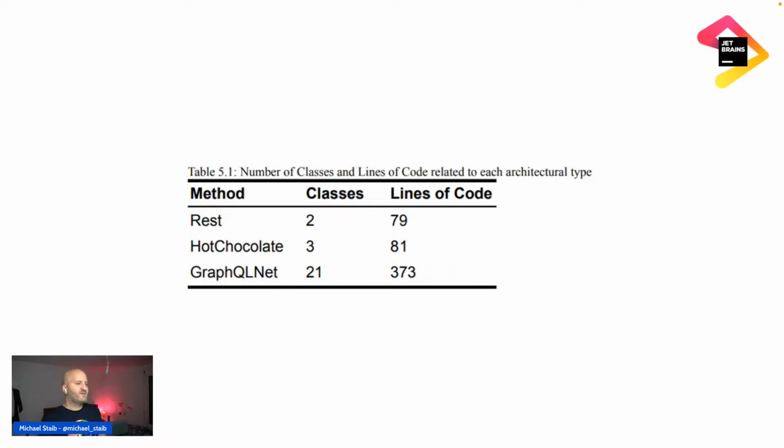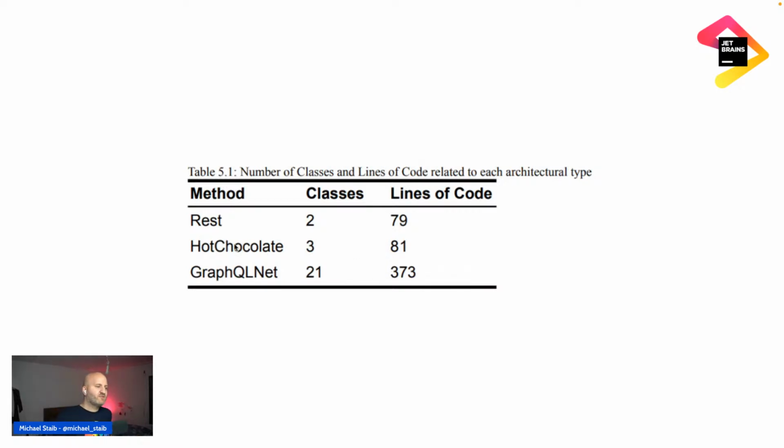And that's also what they looked into, like how many lines of code you need for REST or for Hot Chocolate for the same use case that they implemented. And actually, if we didn't have to create a clean mutation class in GraphQL, it would actually be less code.